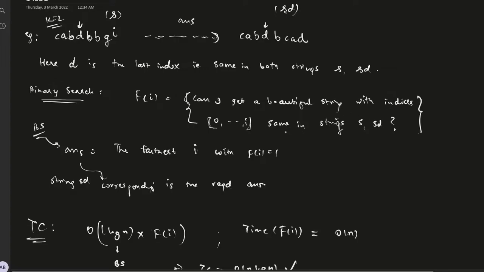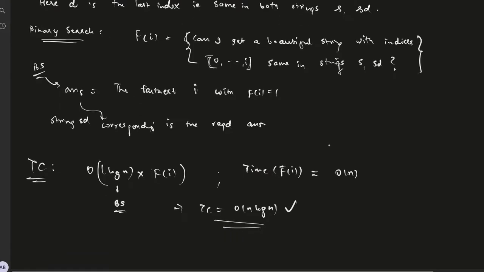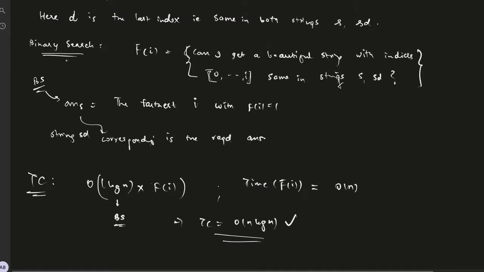What this statement means is, can we make a beautiful string given that the indices 0 to I are common in string s and the final string. This is f of I, and if we apply binary search, we'll get the maximum I for which this is possible.